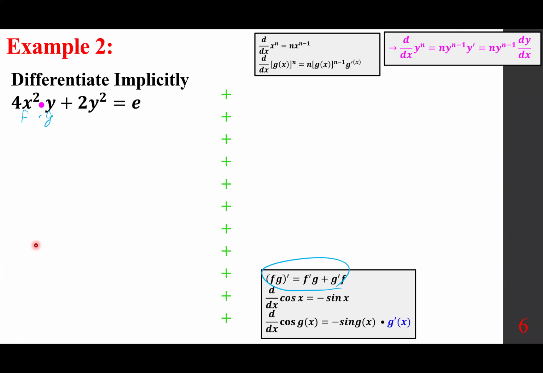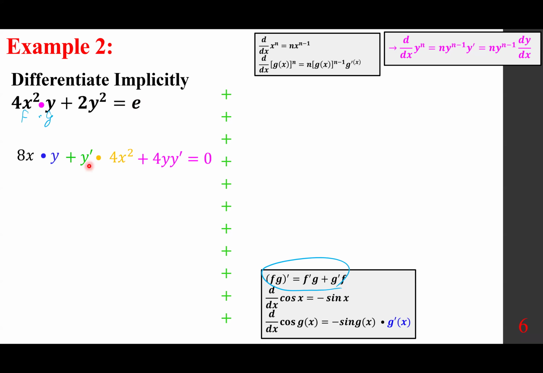So having said that, this is going to give us 8x times y. Y is going to give us y prime times 4x squared. So f prime g plus g prime f. 2y squared uses the extended power rule. 2 times 2, 4, y prime, and any number including e results in 0.